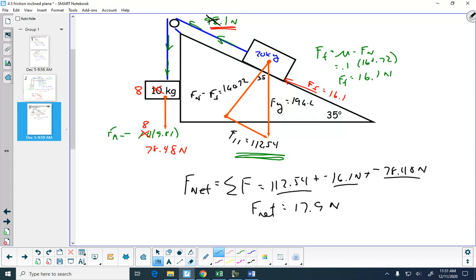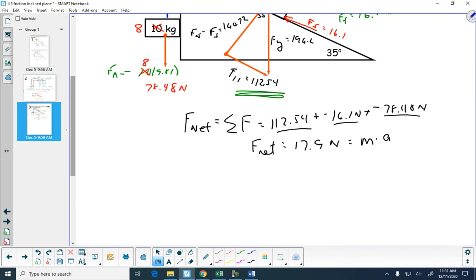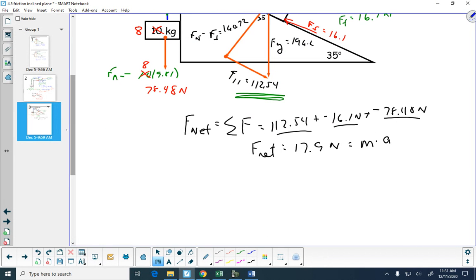Newtons. So once again, this is equal to mass times acceleration. And as we dealt with respect to the problem I gave you, that has to be a total mass. So we have a total of 8 plus 20 kilograms times acceleration.